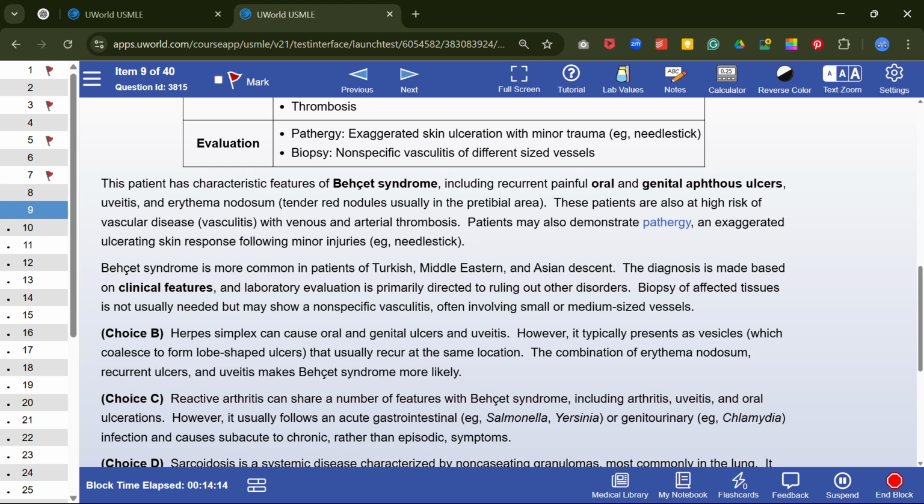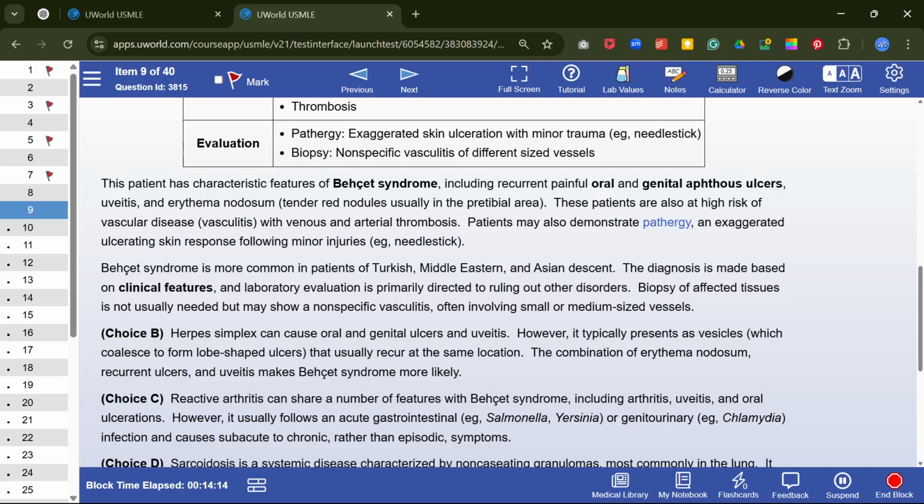These patients are also at high risk of valvular disease and vasculitis with venous and arterial thrombosis. Patients may also demonstrate pathergy, an exaggerated ulcerating skin response following minor injuries.